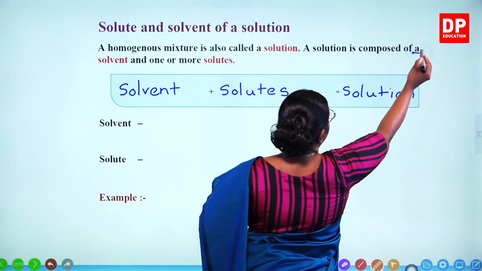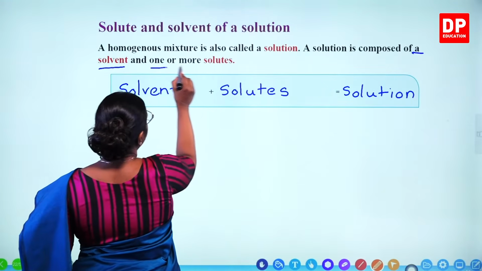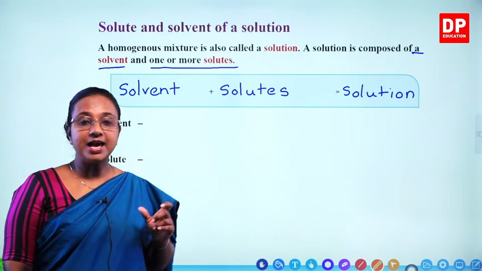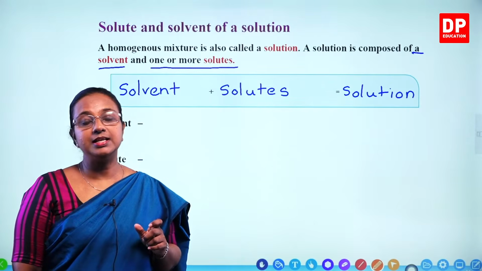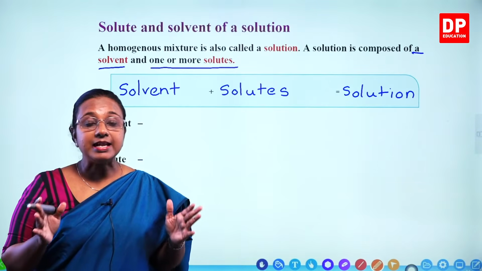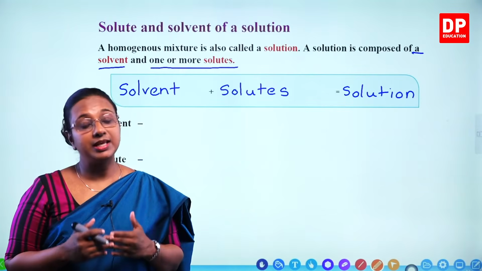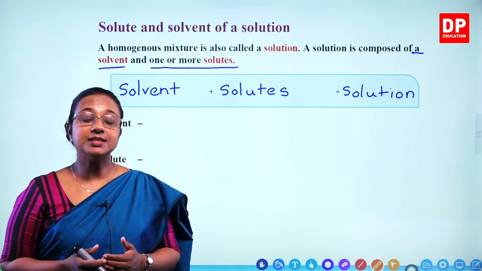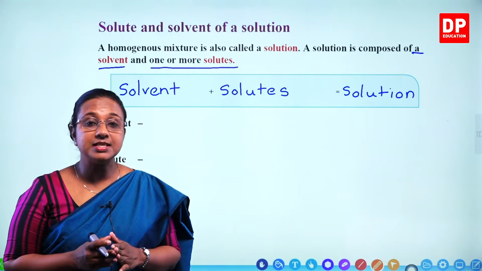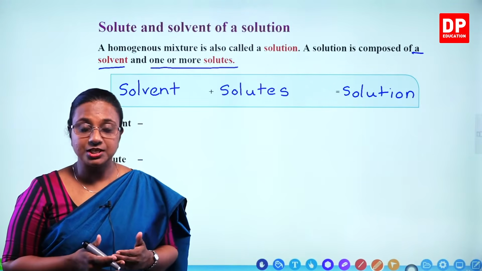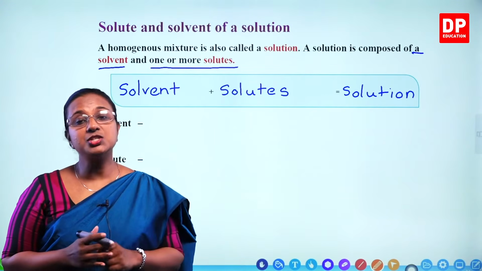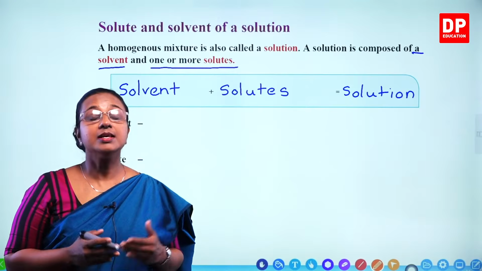Remember students, one solvent, one or more solutes. The substance or the component that is present in high amount in a mixture is known as the solvent, and the component or components that are present in lesser amount in a mixture are known as solutes. So, that is why you can have only one solvent and more than one solute.